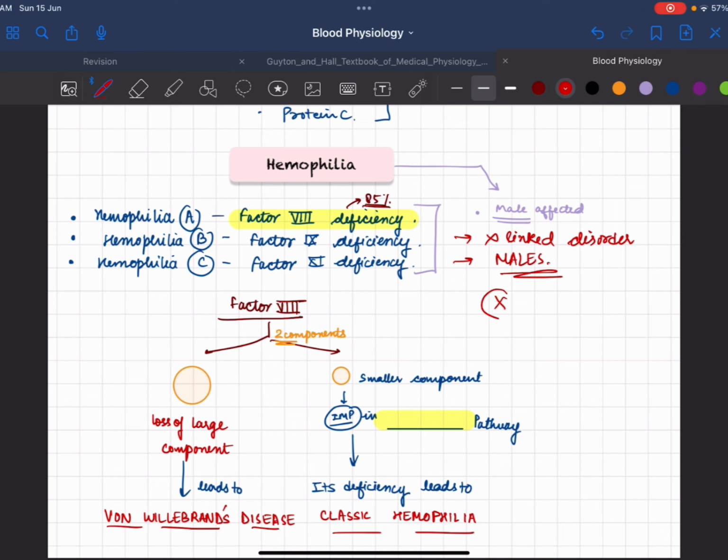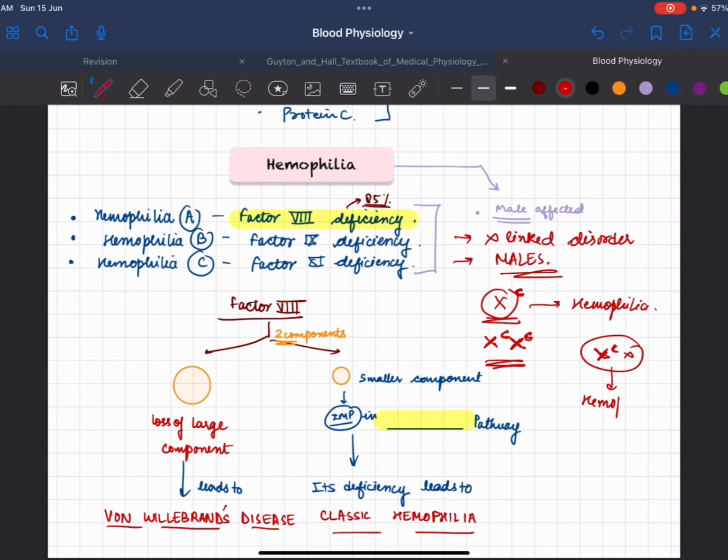Because males have a single X chromosome, and if it is affected, then it will lead to hemophilia, right? But in female, for hemophilia to happen, both the X should be affected. If a single X is affected, then the female is not a hemophilic, she is a hemophilic carrier.